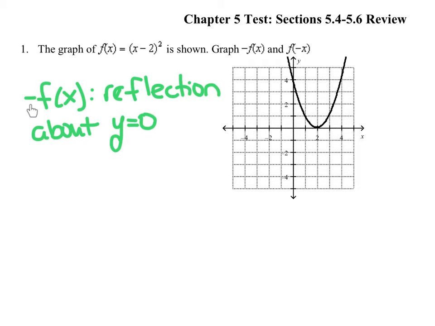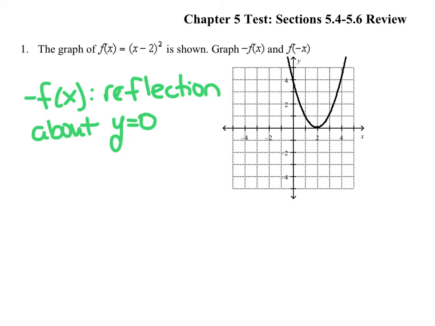So the first one, being with the negative on the outside, means we're going to do a reflection about y equals 0. Another way to describe that is about the x-axis. So that's this guy right here, which means we're going to take this graph and reflect it over that line, which basically means, if you can imagine, folding this paper and placing it on top of the other side. So for instance, this point right here would land on this spot, and this point right here would land on that spot.